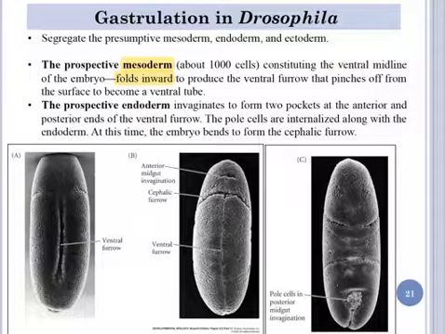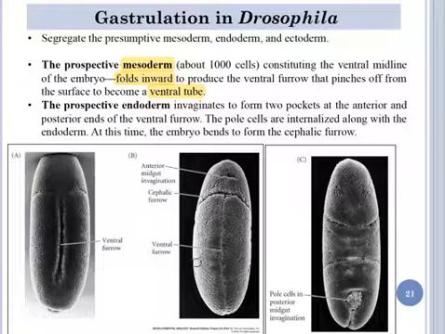It's a kind of canal formed at the midline ventrally, and this ventral furrow will be pinched off. It means it will be detached from the surface to the inside to become a ventral tube, and this ventral tube will be differentiated later into different mesodermal organs.